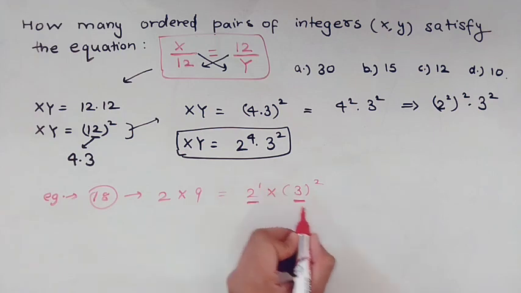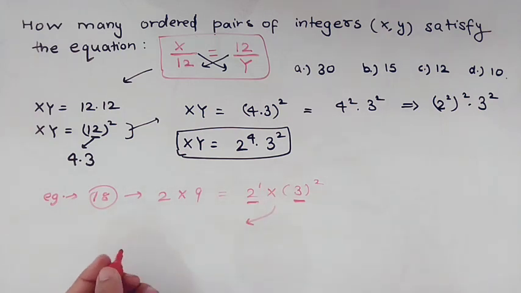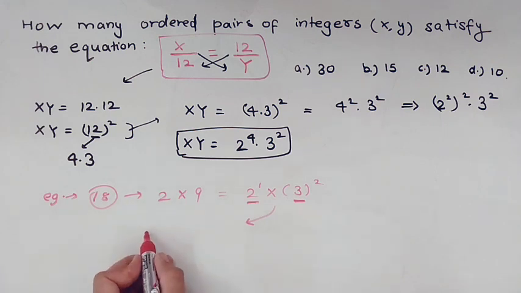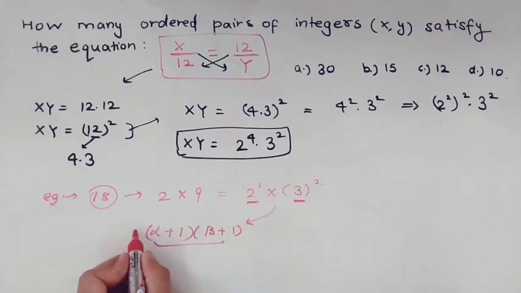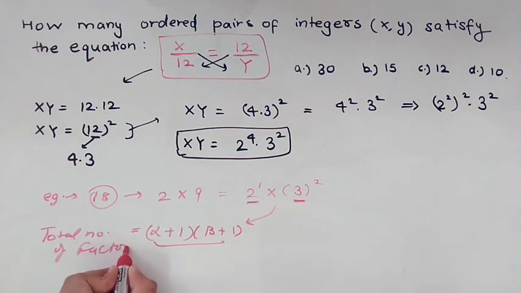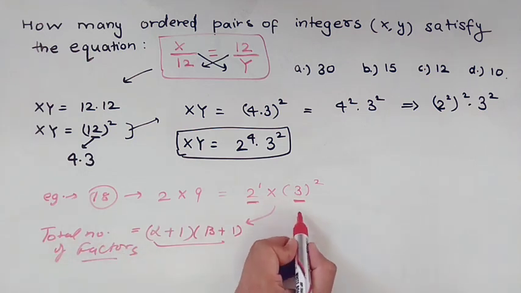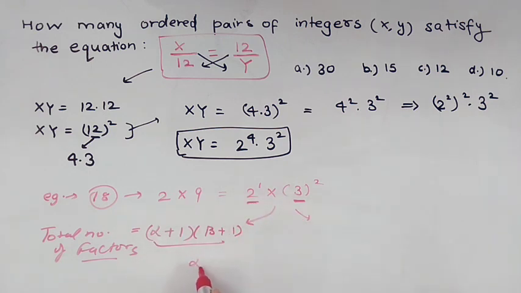So the total number of factors, according to the note we have earlier seen, is (alpha plus 1)(beta plus 1). The same concept we are applying here. Here we have alpha equals 1 and beta equals 2.